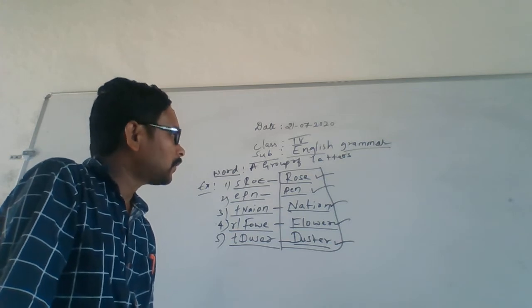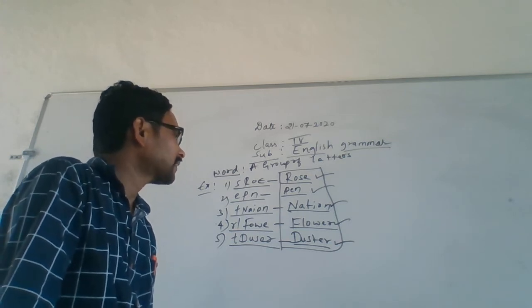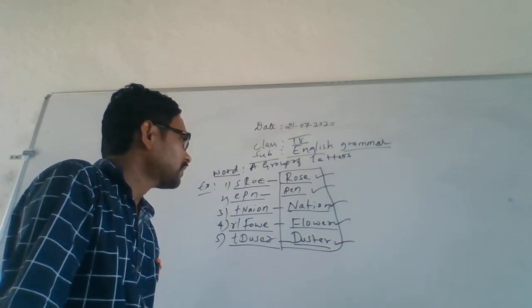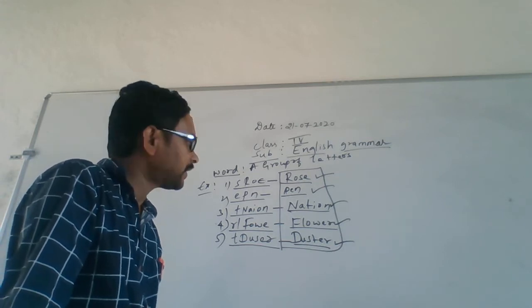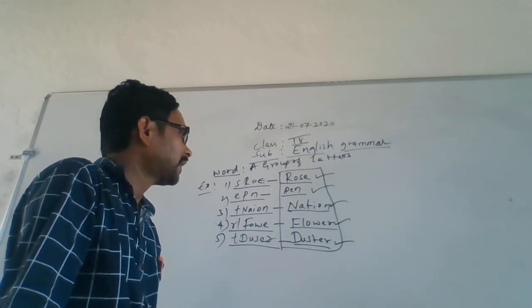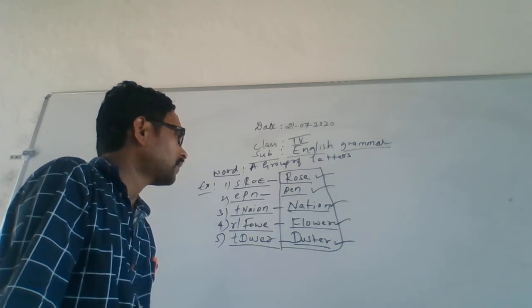In the first word, how many letters are there? Four letters. Then pen, then nation, flower, duster.